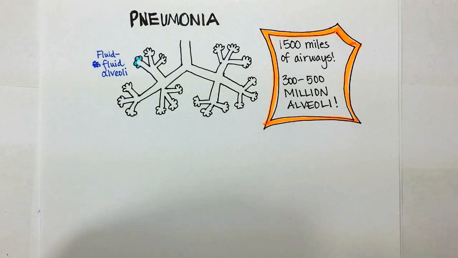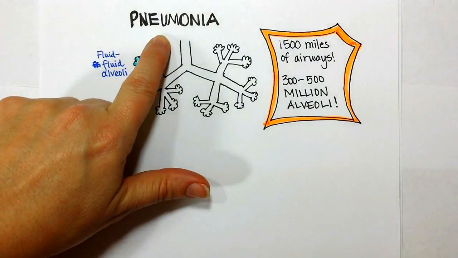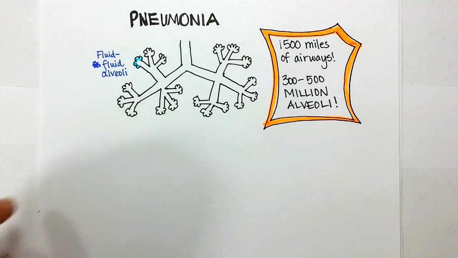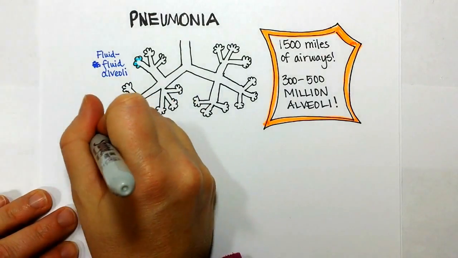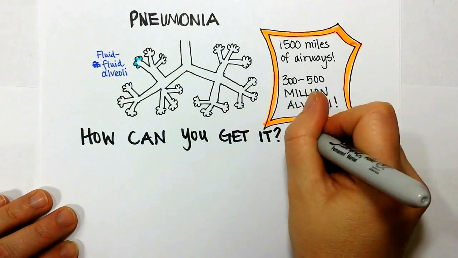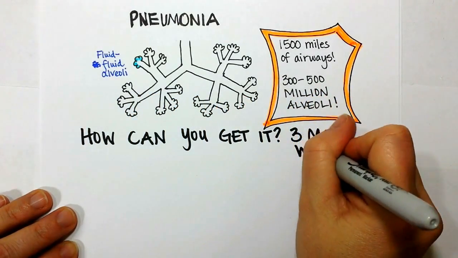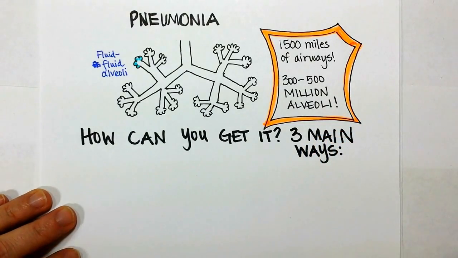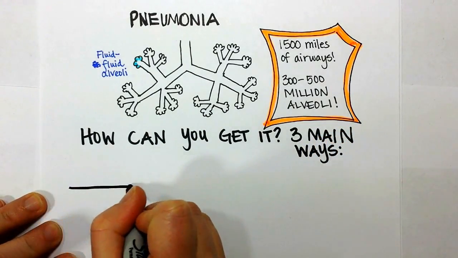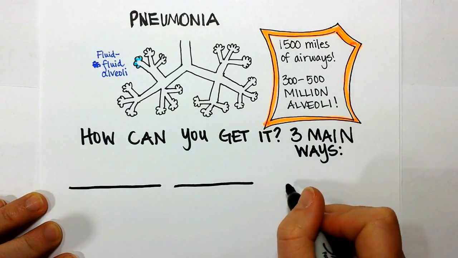Okay, so now that we've established that pneumonia is a diagnosis of fluid-filled alveoli, let's talk about how you can get it. There are three main ways, and we will talk about all three of those.